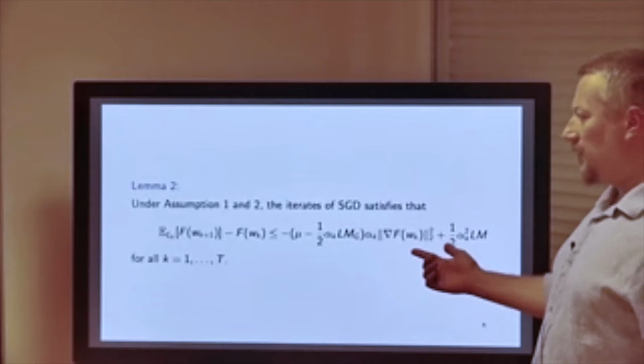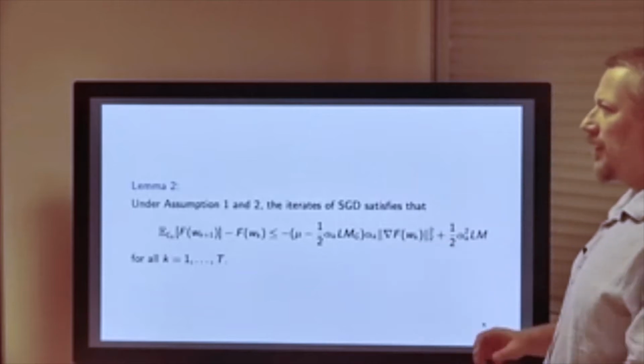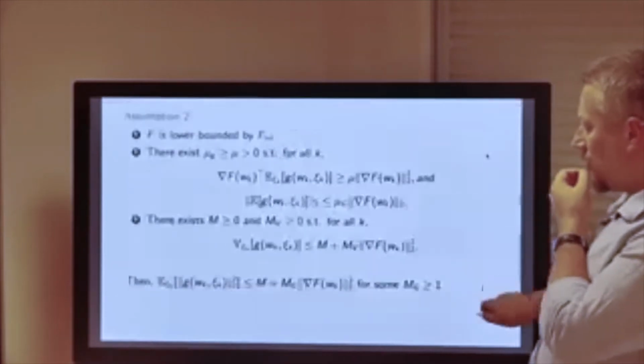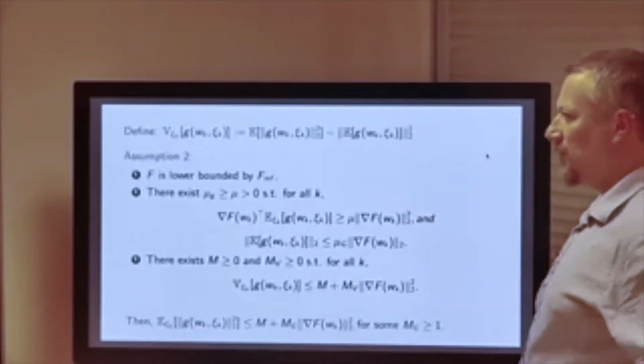So we have this, and one thing is, of course, why our H_k times G satisfies these conditions.